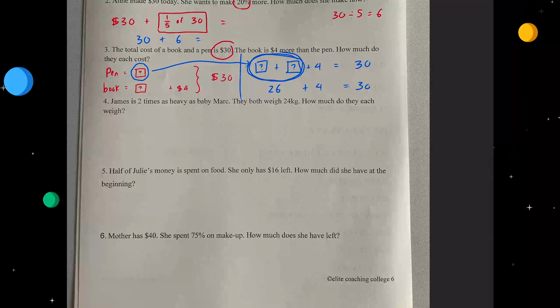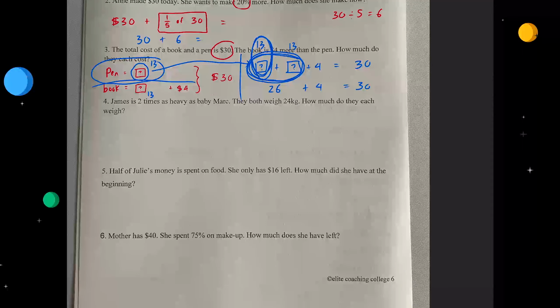We have 3 question marks. 1, 2, 3, all of these are the same numbers. So 3 lots of something is equal to 24. So how much is each question mark? You take 24, divide it by 3, you're going to get 8. So that means each question mark must be 8 kilograms. So it says how much does each weigh?